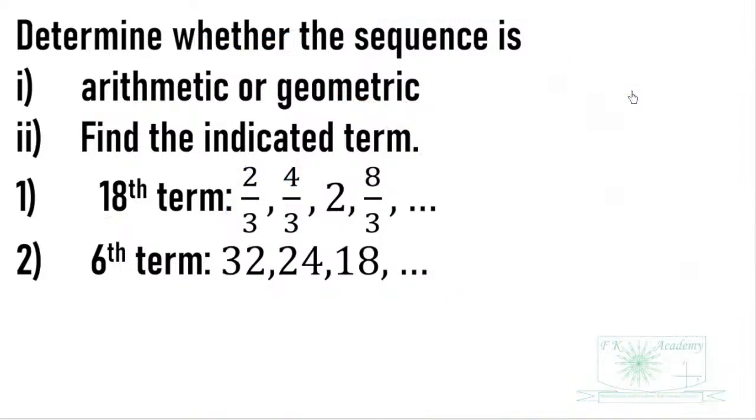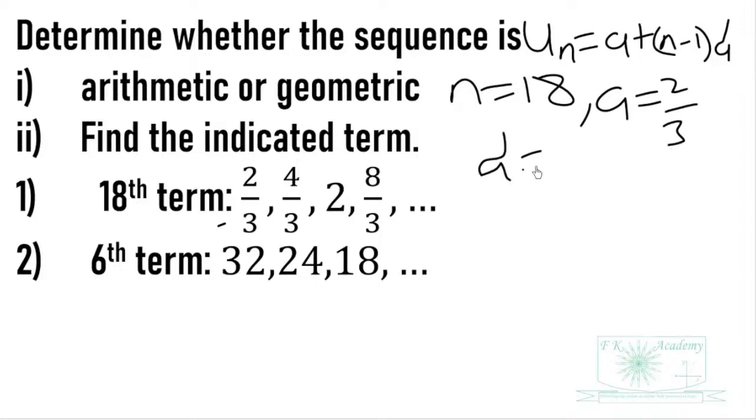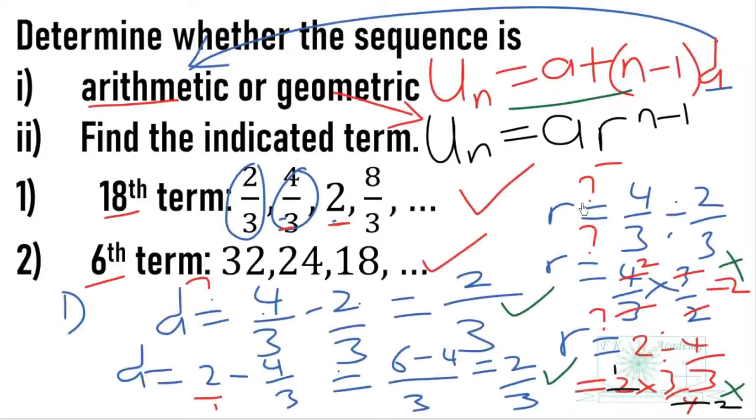So with the 18th term, n will be equal to 18, where we said u sub n is equal to a plus n minus 1 times d. n equals 18. a will be equal to the very first term here, which is 2 over 3. Then d will be equal to 2 over 3. That is what we found. So the common difference is 2 over 3 as we found here.